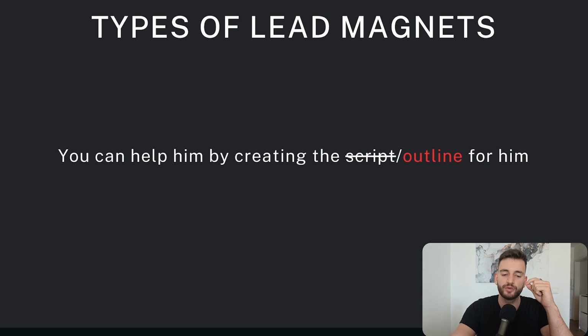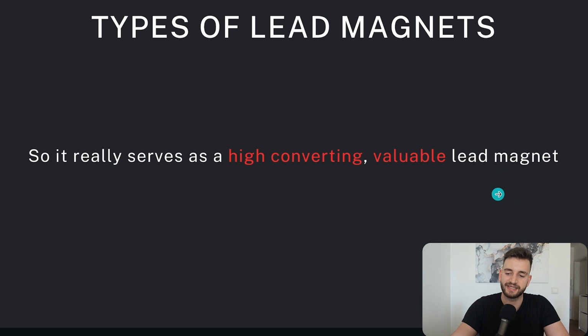So what you have to do instead is create an outline where you only have the big bullet points and headlines, and he will be able to fill in the words himself. So it will sound way more natural if you give him an outline rather than a whole script. So yeah, that's very important to understand.